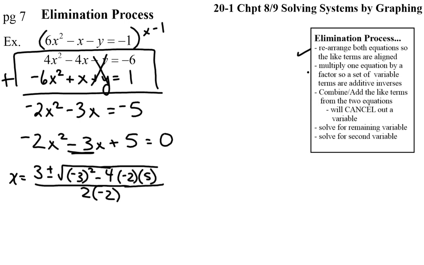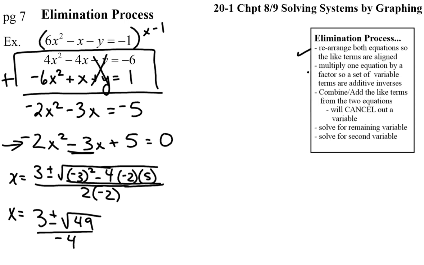So two different ways to solve the same thing. Substitution process, elimination process, two ways to get to this, and then two ways that we could solve it. So at this point, now we need to figure out what x is, which leaves me with 3 plus or minus this, all this under the radical sign, sorry, becomes 49.